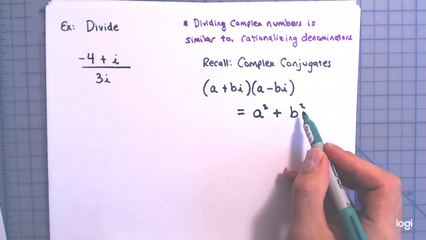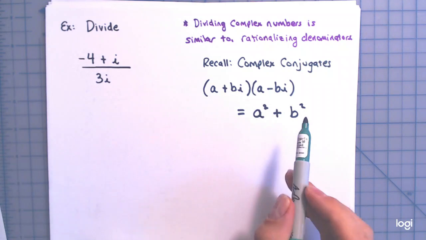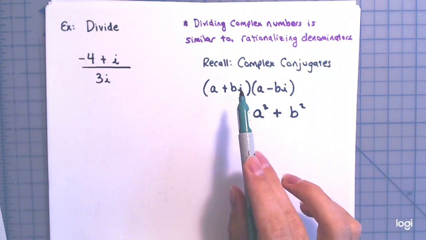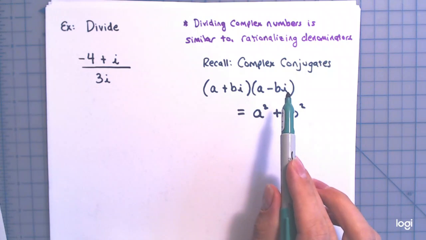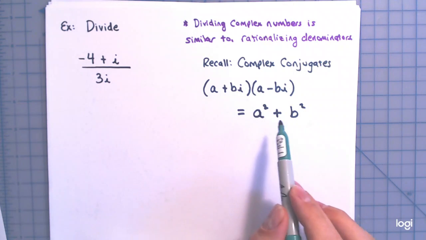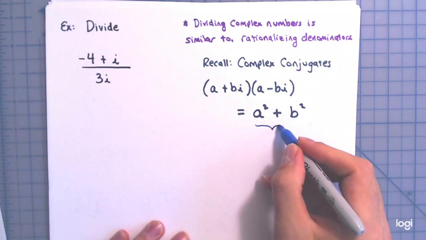Right? And you could say b squared or -b squared. Either way, it's equal to b squared. And notice how the final result doesn't have i in it. These two numbers have i in them, this i is the square root of -1, but the final result does not. This is a real number only with an imaginary part of 0.